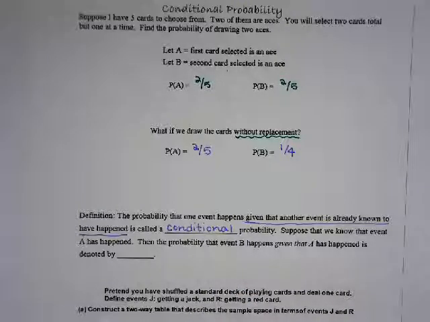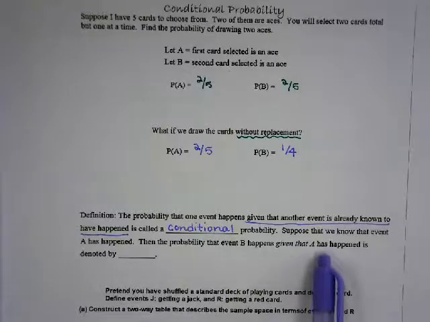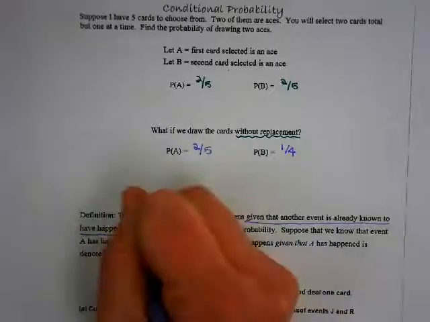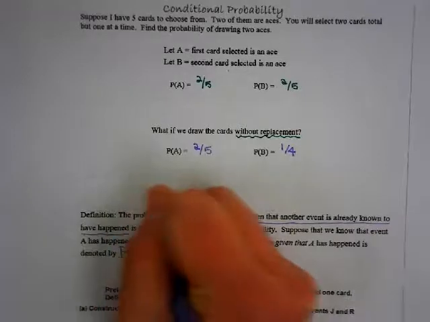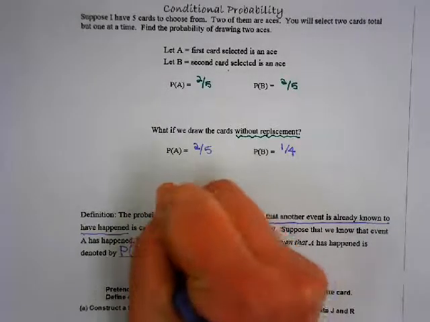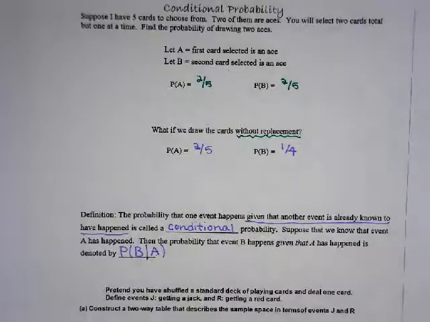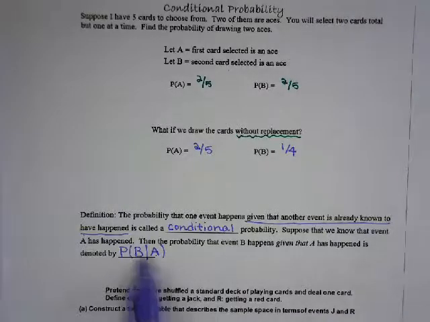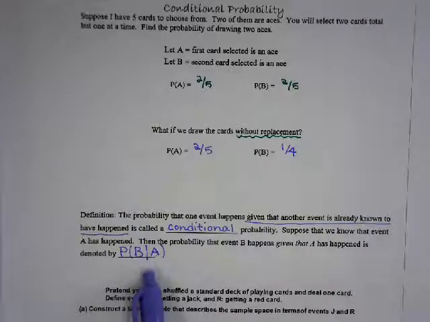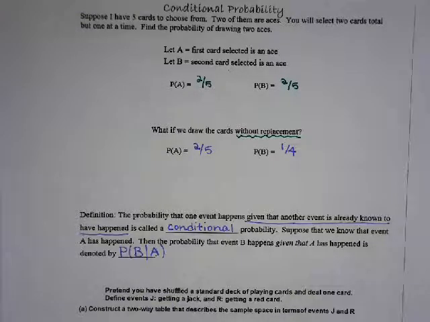Then the probability that event B happens, given that A has happened, is denoted by P of B given A, with a straight up and down line between them. So that's what we're going to be focusing on today: the probability an event happens given another event has happened.